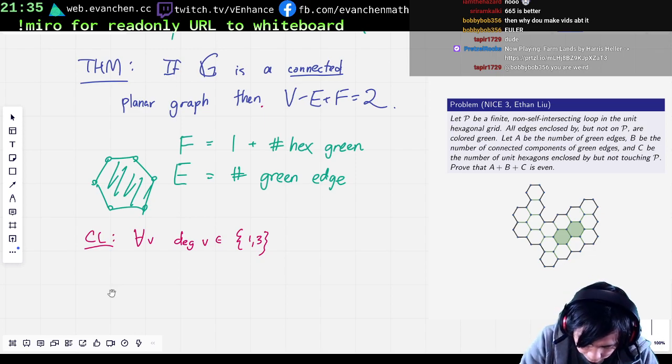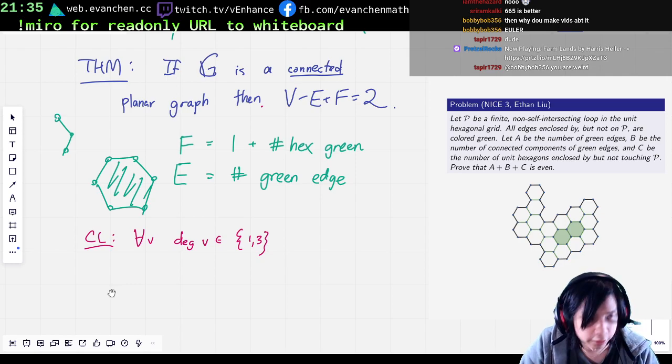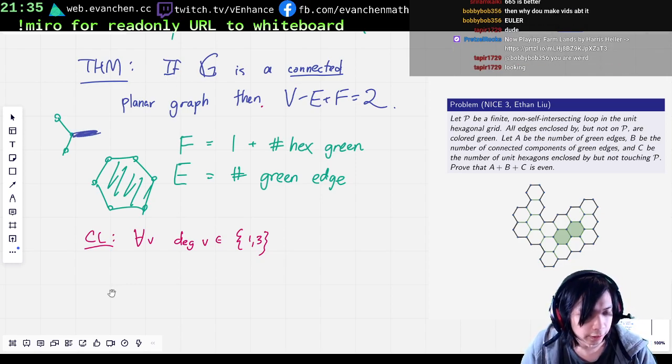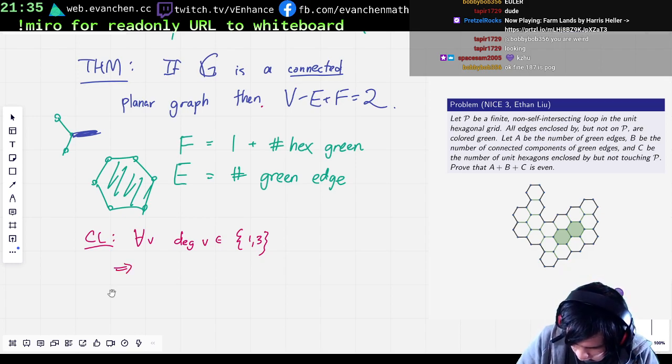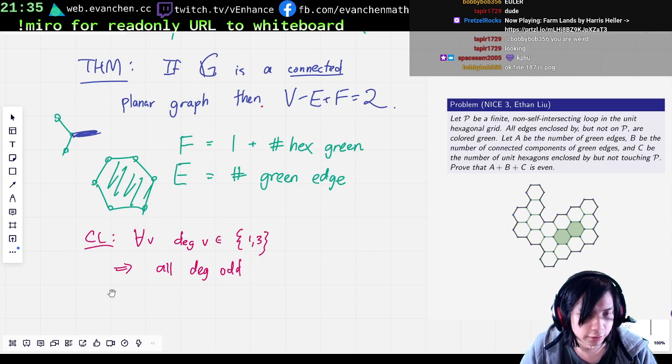If you have a green edge and then another green edge, it's impossible for there to be just one edge from the loop out here. So in particular, all degrees are odd. And whenever you have a graph where every degree is odd, the number of vertices is always even.